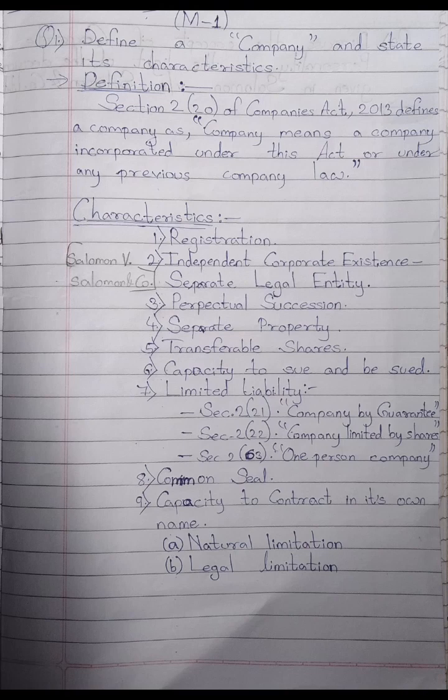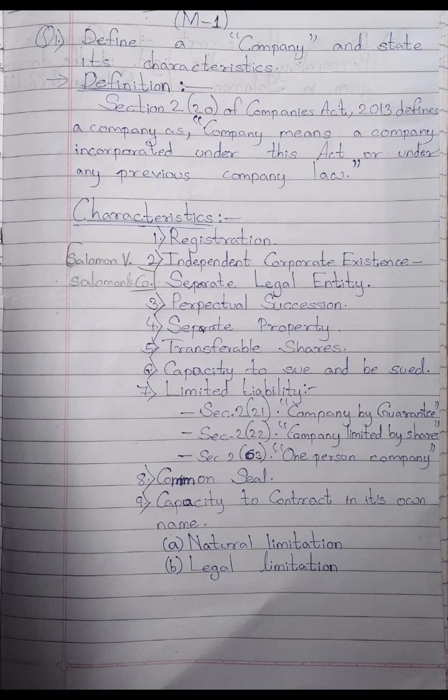Okay, so according to Section 2, Subsection 21 of the Companies Act 2013, company limited by guarantee means a company having the liability of its members limited by the memorandum to such amount as the members may respectively undertake to contribute to the assets of the company in the event of its being wound up.